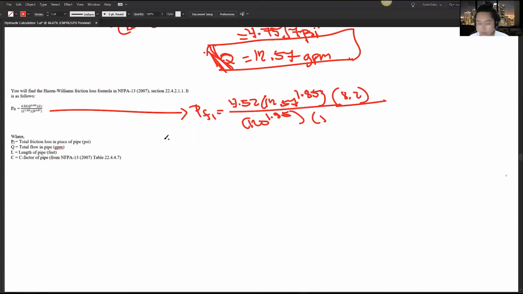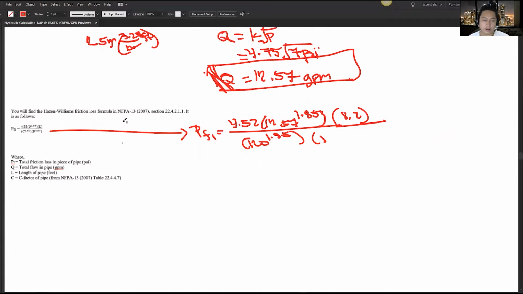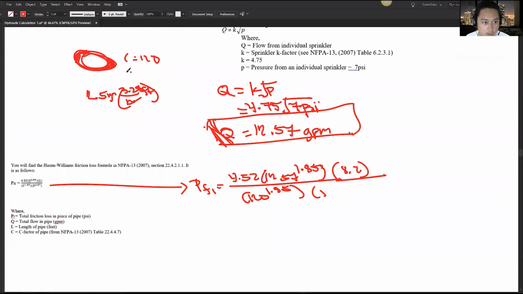Oh, I forgot to include that, but this D here is in inches. So that's the reason why we are assuming that our pipe is schedule 40 even at the cross main, and everything is galvanized. That's with the C value of 120. That's also, again, as I've shown earlier in the table. So this D here is okay.